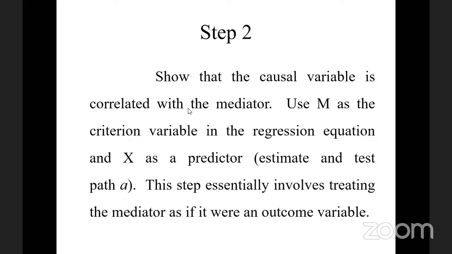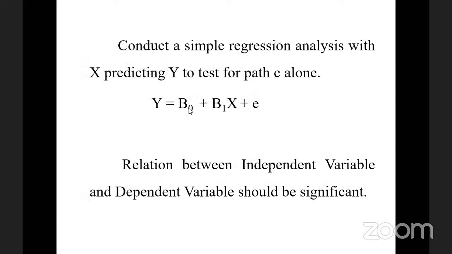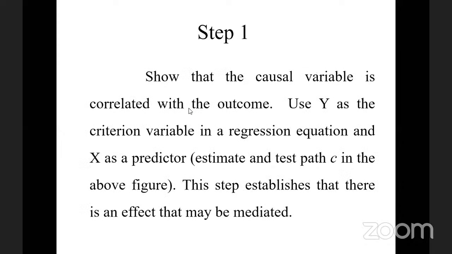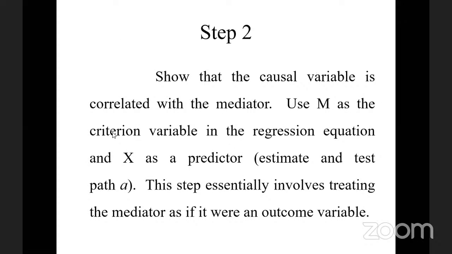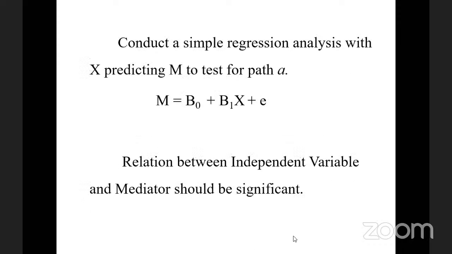Now this is the first step, and the second step is to show that the causal variable is correlated with the mediator. Use M as the criterion variable in a regression equation, and X as the predictor. This step essentially involves treating the mediator as if it were an outcome variable. What does it mean?